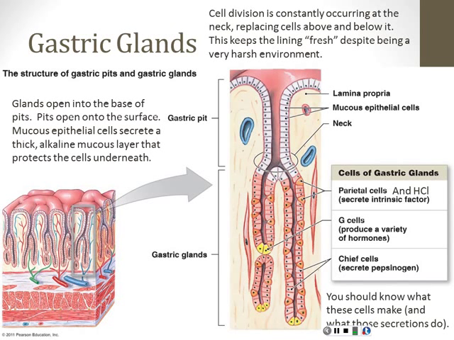So pepsinogen becomes pepsin, and what does that is HCl, hydrochloric acid. Then pepsin turns big proteins into small ones, so it breaks proteins up.